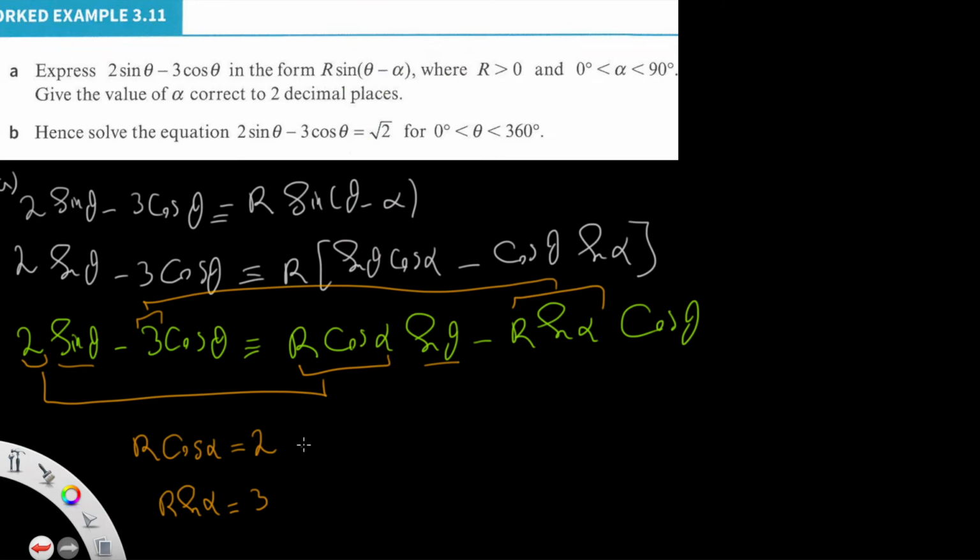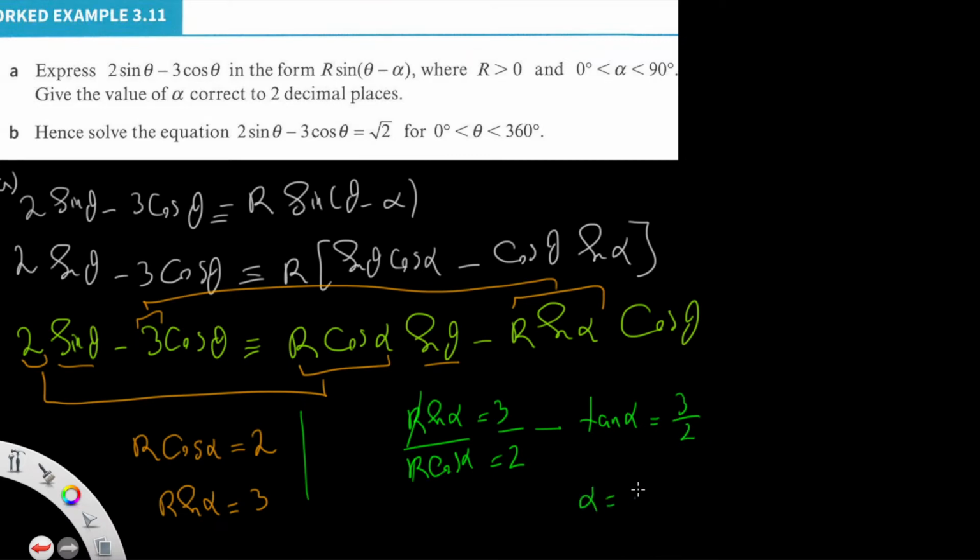Now, in order to find alpha, you can write again: r sine of alpha is equal to 3, r cosine of alpha is equal to 2. If I divide the left and right hand sides, r and r cancel out. Sine divided by cosine will be tan. Tan of alpha will be equal to 3 over 2.